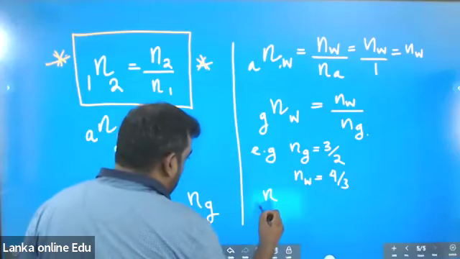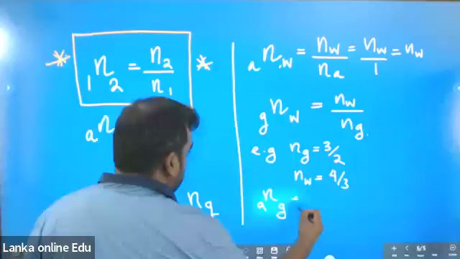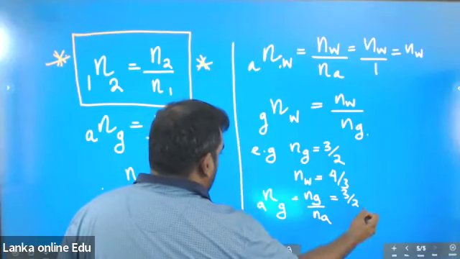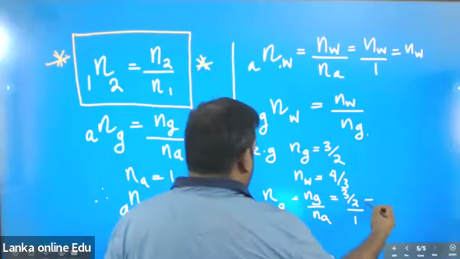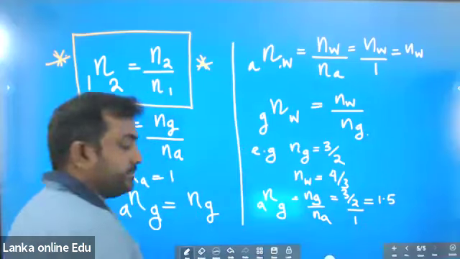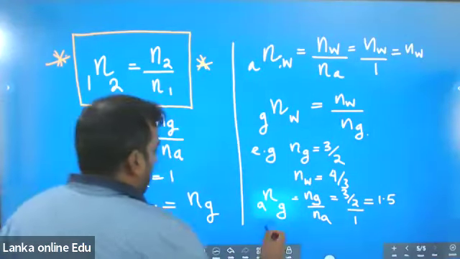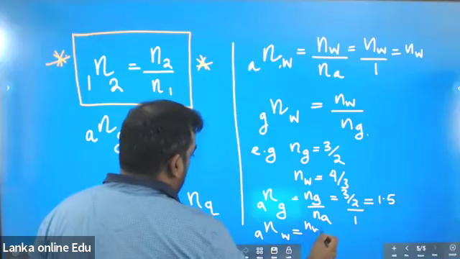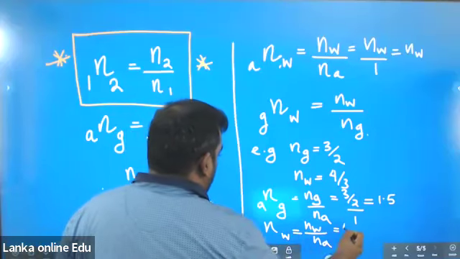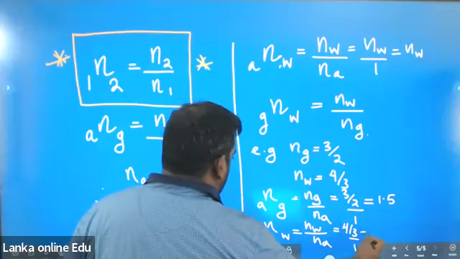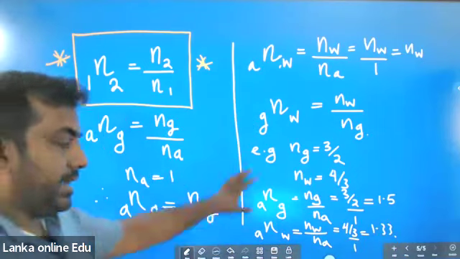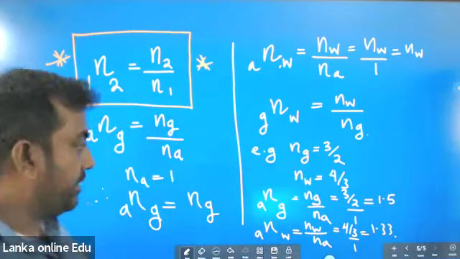So if they give you air to glass, Ng over Na is 3 over 2 divided by 1, 3 over 2, means 1.5 will come. Okay. Absolute refractive index of water, Nw over Na. Nw is 4 over 3, Na is 1. So like this you can keep writing the relative refractive index.